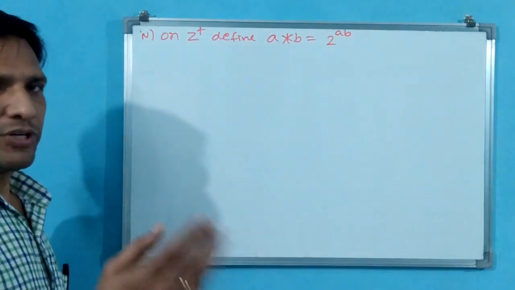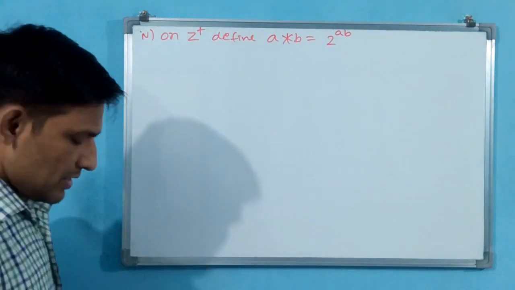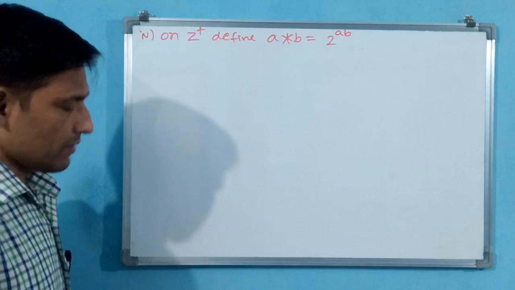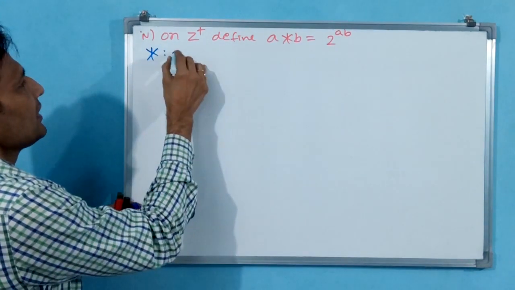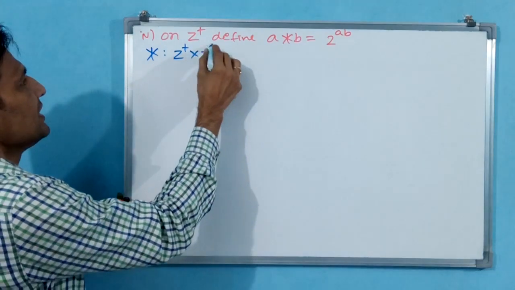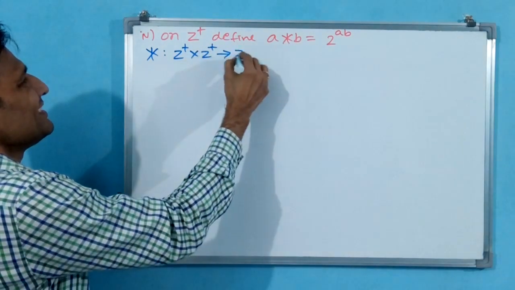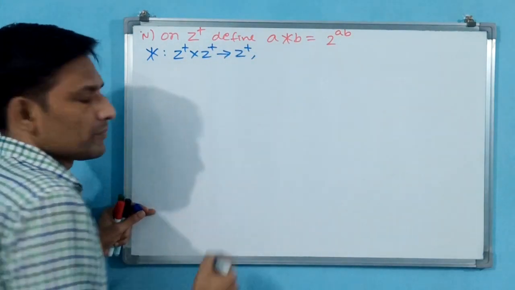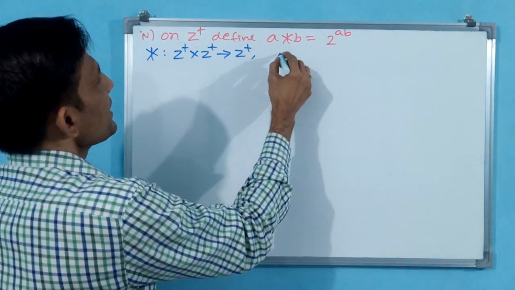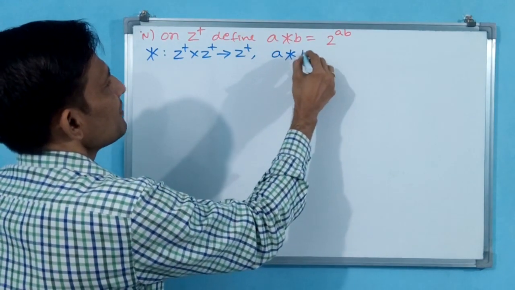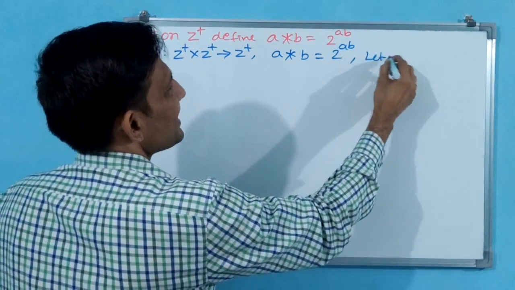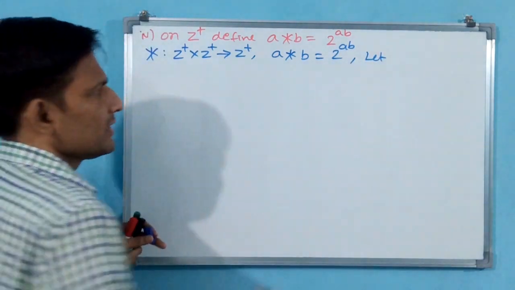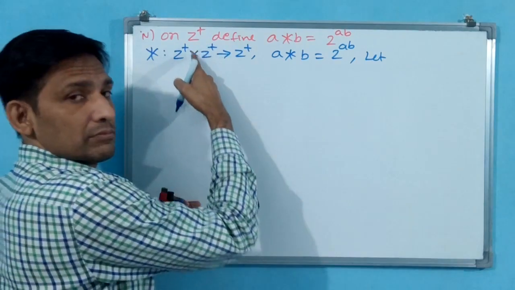If it is not binary, then we need not see commutative and associative. Let us see. Now you write the operation star: Z plus cross Z plus to Z plus. Now you write a star b is equal to 2 power ab. Let a, b, c all be positive integers.